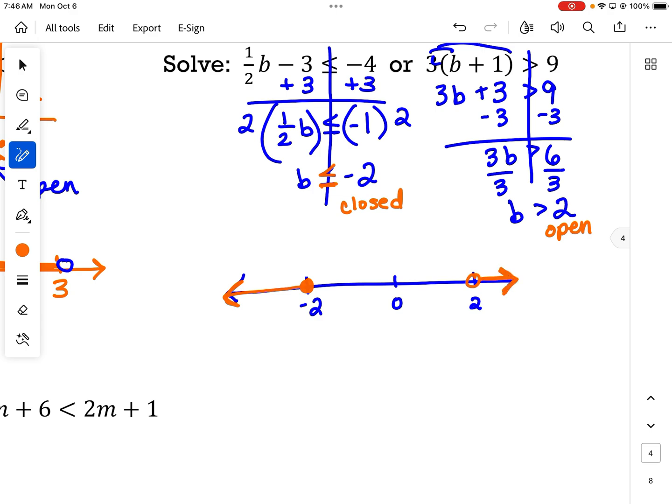So either x is less than or equal to -2, or x is greater than 2. That's what that means.